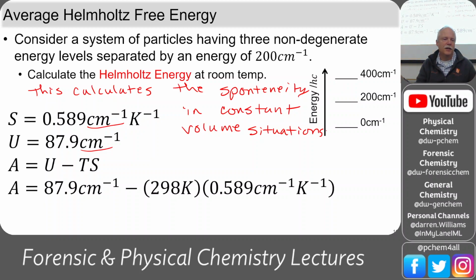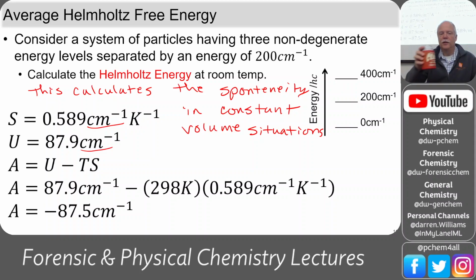Whereas in academics, where you're dealing with glassware, containers that may break at high pressure, we want to use the Gibbs energy because it gives spontaneity at constant pressure. So that's the difference between Helmholtz energy and Gibbs energy. So here's our answer, minus 87.5 wave numbers for the Helmholtz energy.